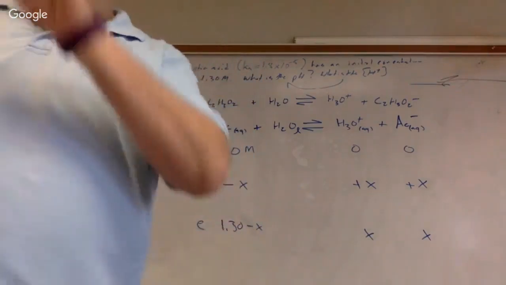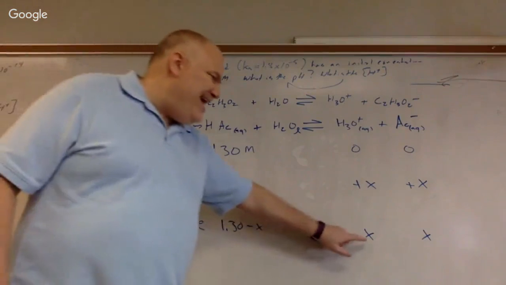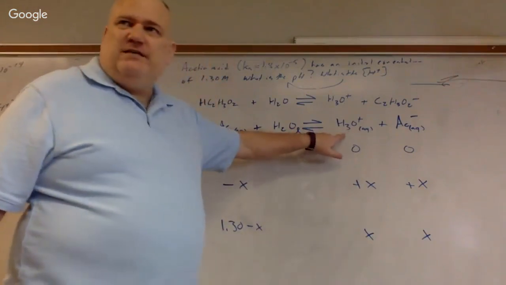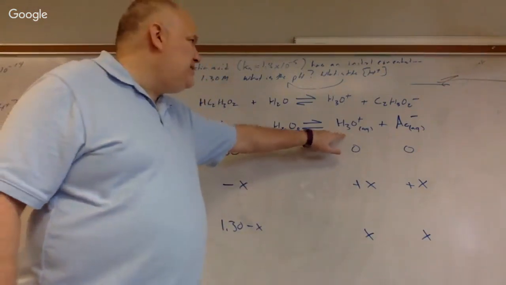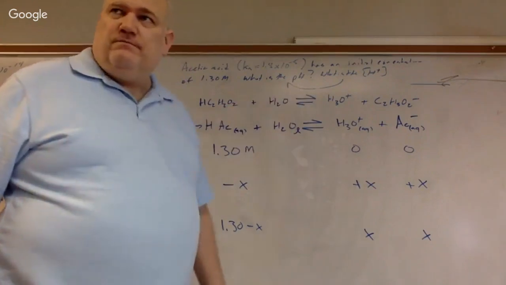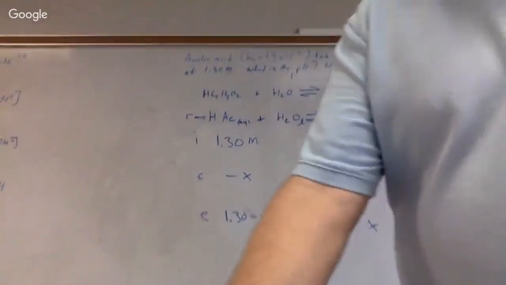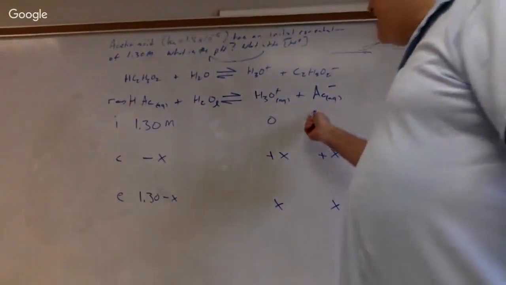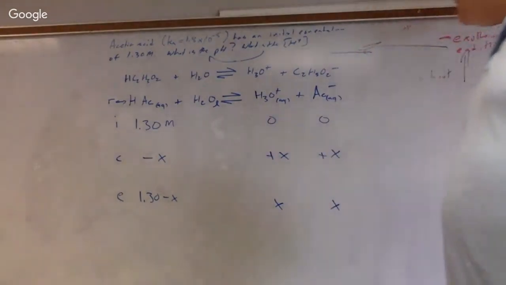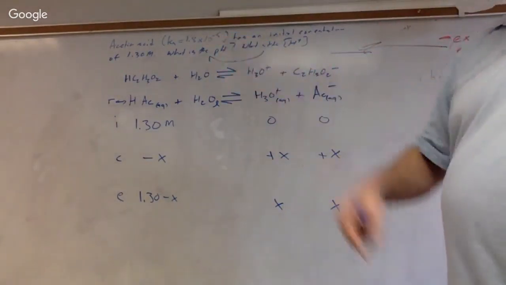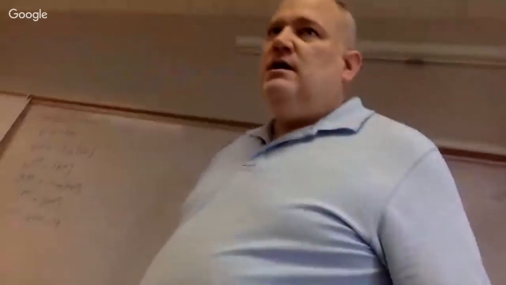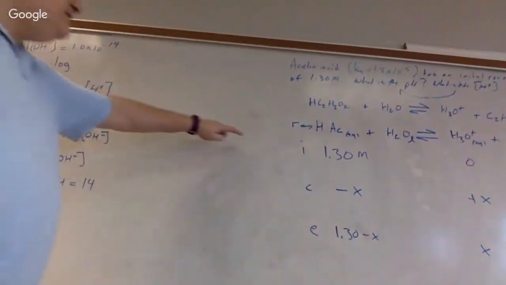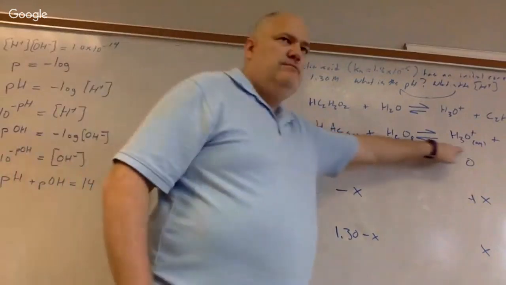Super. And would you agree with me that if we know what X is, won't we know what H plus is? And if you know what H plus is, can't we figure out pH? So that leads us to our equilibrium expressions. You guys remember how we did equilibrium expressions the other day? What I want you to do is for this reaction right here, write the K expression for this reaction.